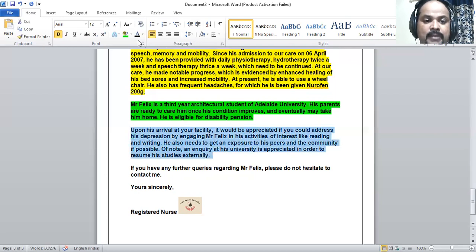Now this requirement paragraph. Upon his arrival at your facility, it would be appreciated if you could address his depression by engaging Mr. Felix in his activities of interest like reading and writing. So when he reaches there, you are requested to treat his depression because he is in a depressed stage. By engaging in activities like reading and writing, he also needs to get an exposure to his peers and community if possible.